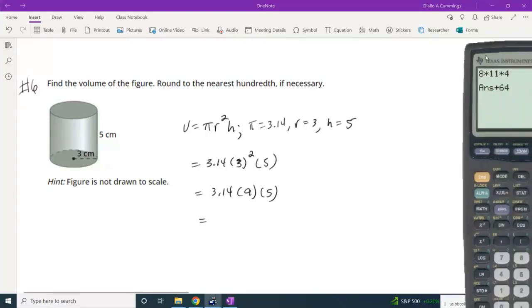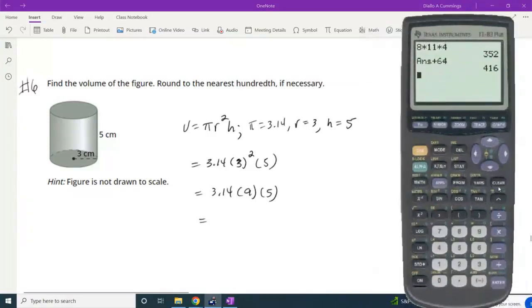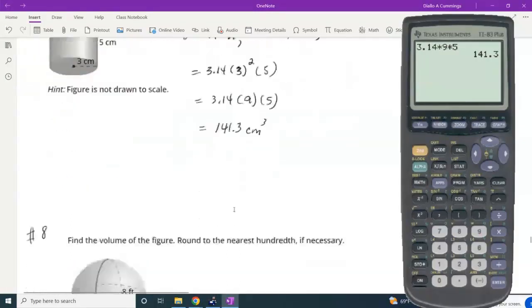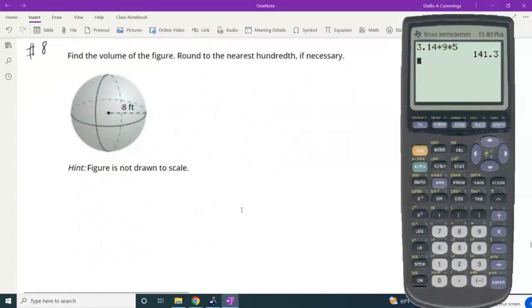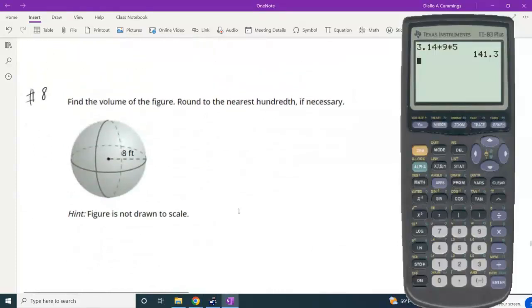And if we simplify 3.14 times 9 times 5, we get 141.3 cubic centimeters. All right, so basically just plugging and chugging into the formulas.